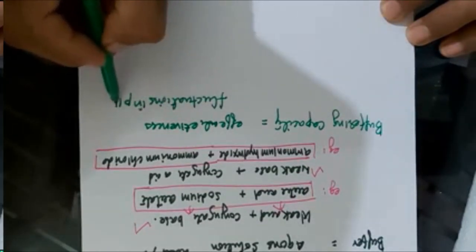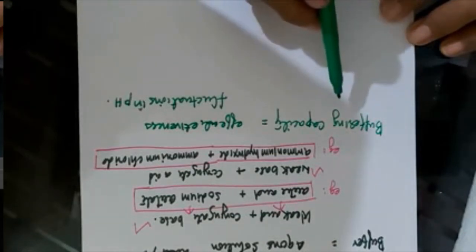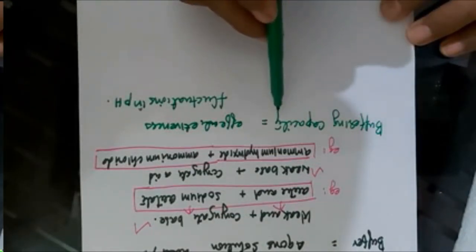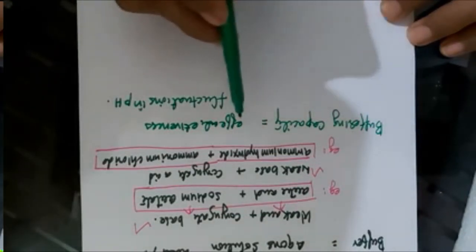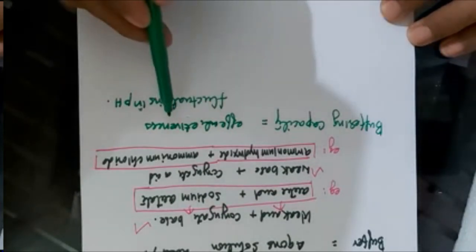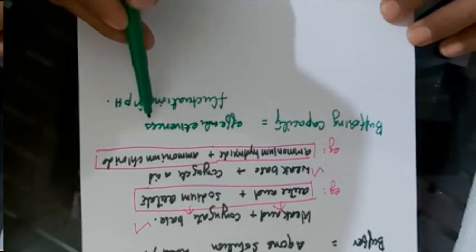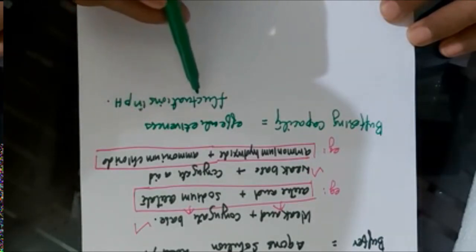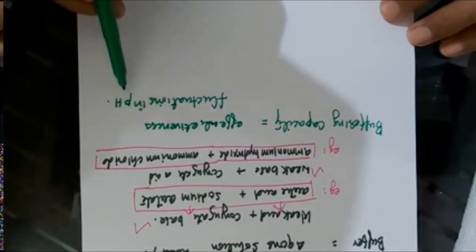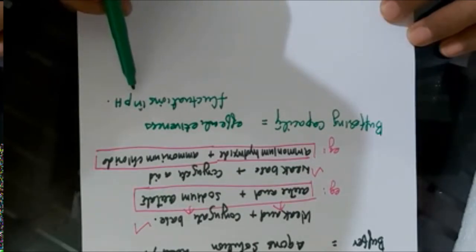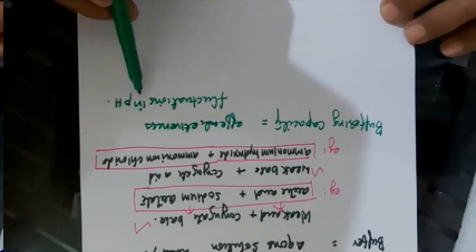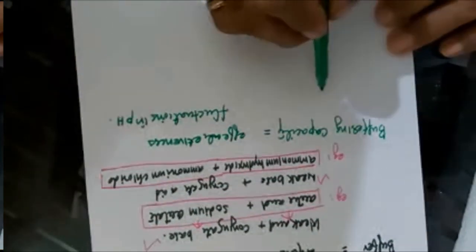So once again, the capacity or the effectiveness of a buffer system to resist the fluctuation in pH is called the buffering capacity. So it depends on two factors.